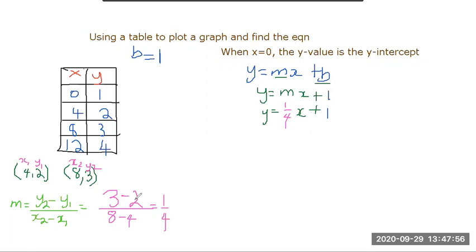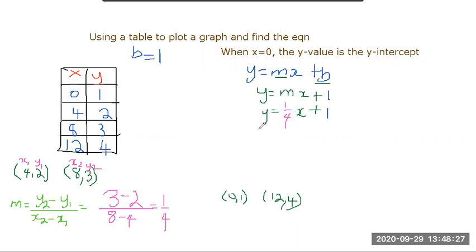So that's how I use it. I want you to realize that I could have used any 2 points. I just have to label them the right way. So when I say any 2 points, I mean I could have taken 0, 1 and 12, 4. I just have to do x1, y1, x2, y2, and then plug it into my formula.